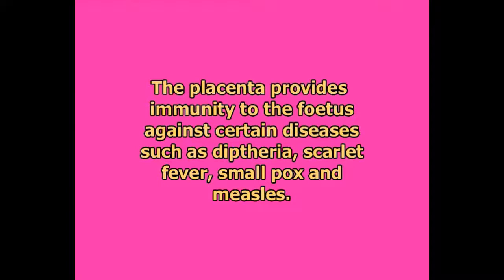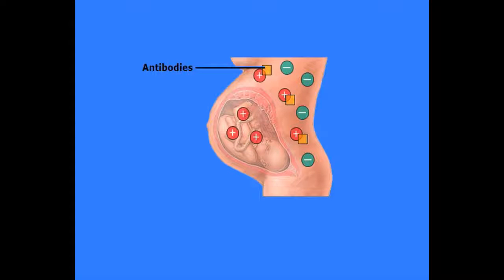The placenta provides immunity to the fetus against certain diseases such as diphtheria, scarlet fever, smallpox and measles. The antibodies which have developed in the blood of mother against these diseases are passed to the fetal placenta.